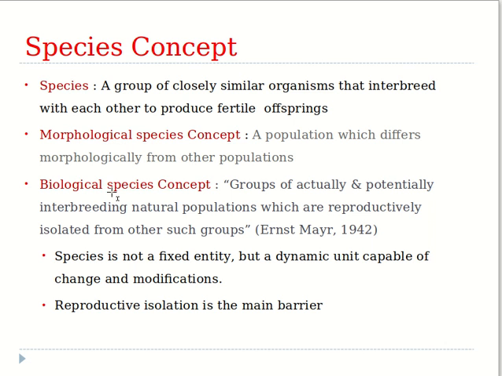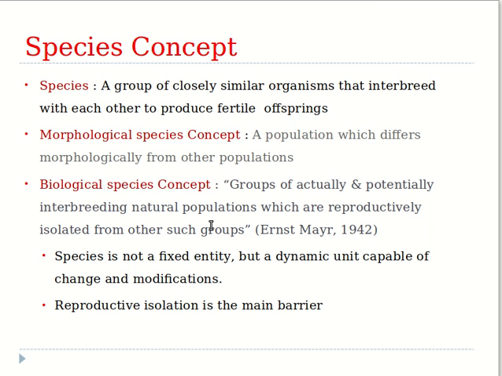The second major concept is the biological concept or biological species concept. Biological species concept was put forward by Mayr in 1942, and this concept holds that species are groups of actually and potentially interbreeding natural populations which are reproductively isolated from other such groups.